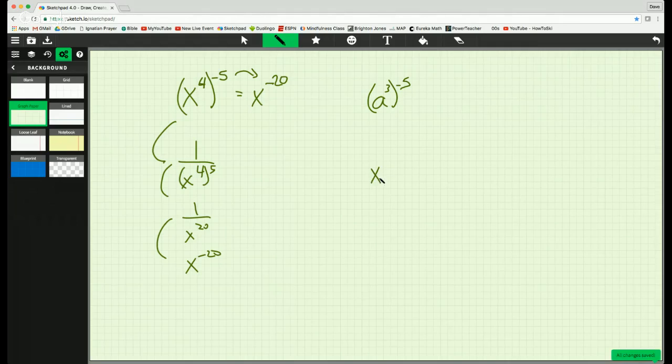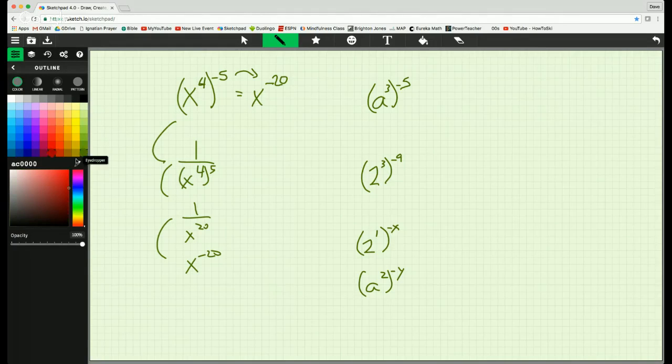How about 2 to the 3rd to the negative 9, and then 2 to the 1 to the negative x, and then a squared to the negative y. So you can try now, and let's just use our cool new rule that we've developed, and I'm going to give you the answers. So you pause and try.